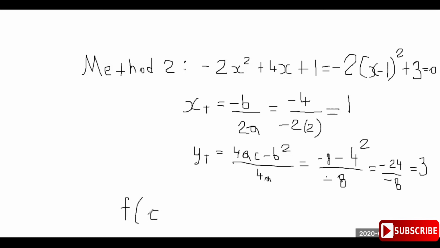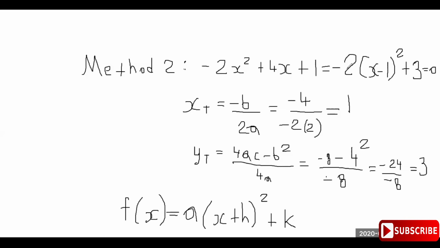The general form in which you write a function f of x is equal to a times x plus h squared plus k. All right? a times x plus h all squared plus k. Okay, that's the general form.